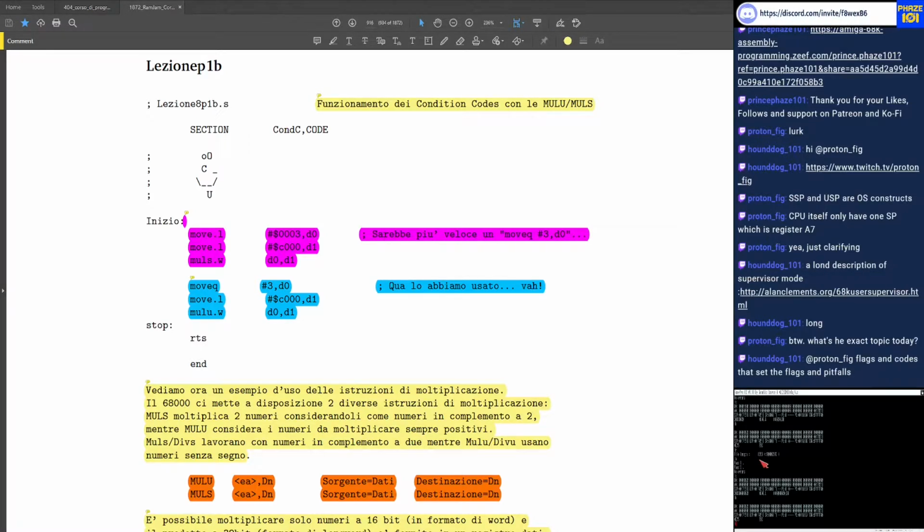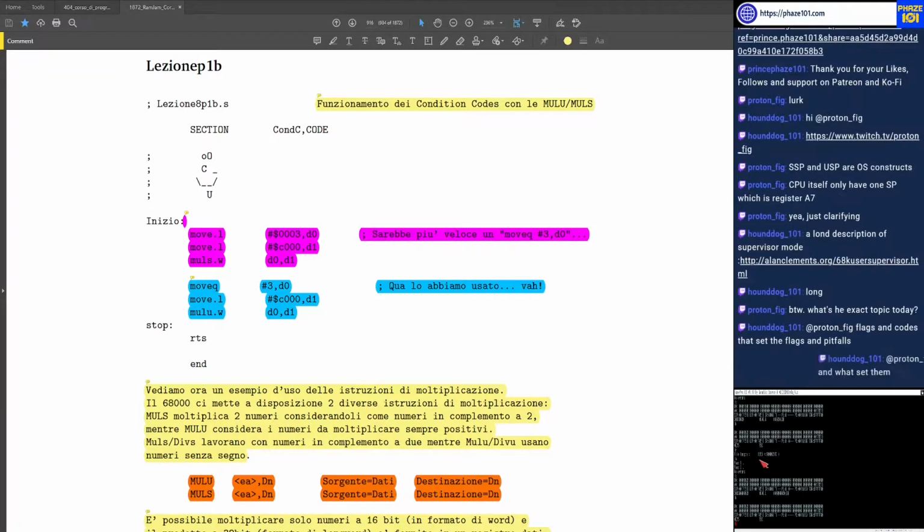Let me check something before I continue with this one. Yeah, okay. So notice the first part, on top we have MULS, so the multiplication is signed.